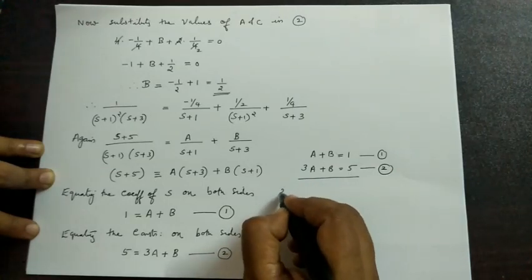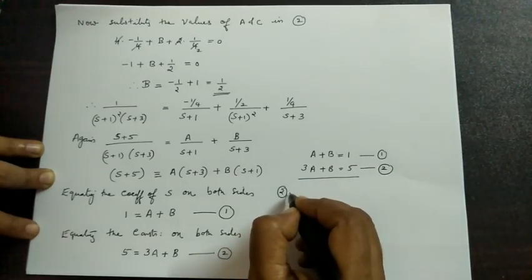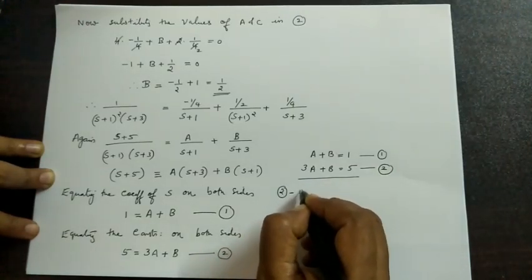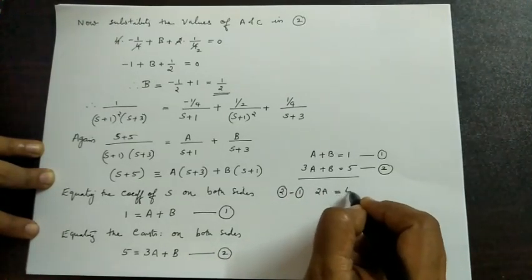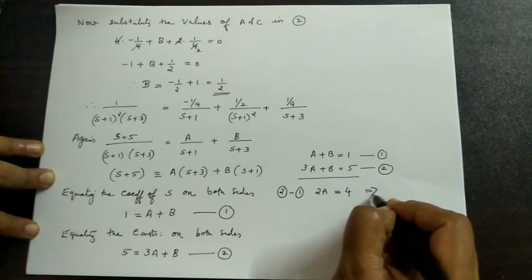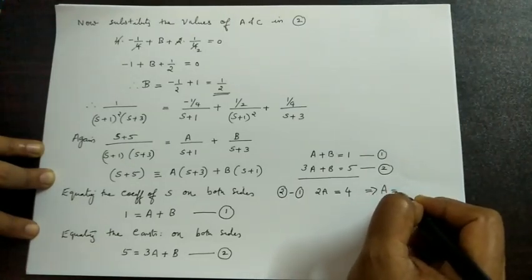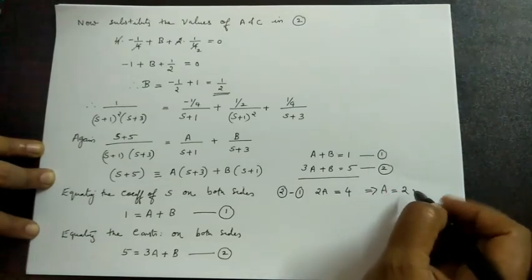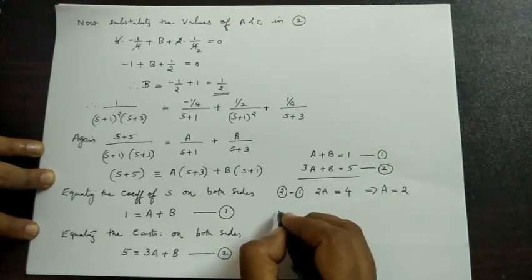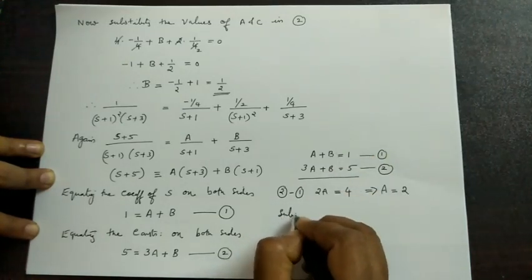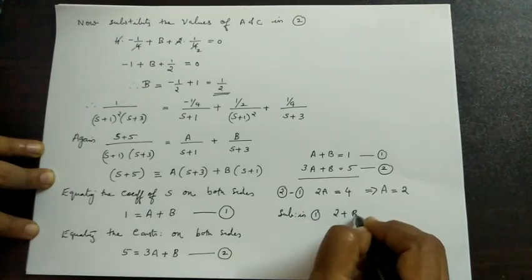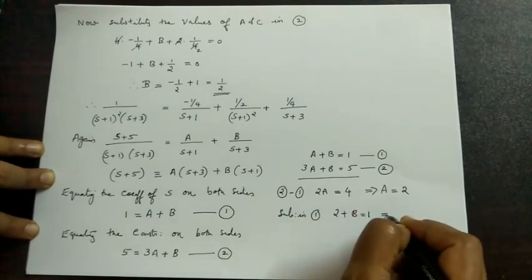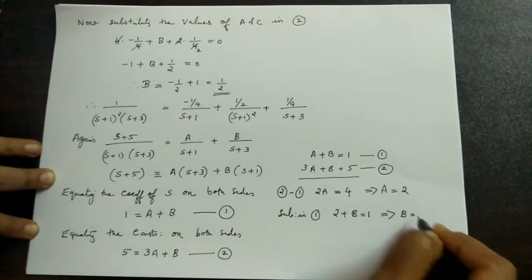Now we subtract 2 minus 1, that is 2a equal to 4, or a is equal to 4 by 2, that is 2. On substituting in equation number 1, we get 2 plus b equal to 1, which implies b equal to minus 1.